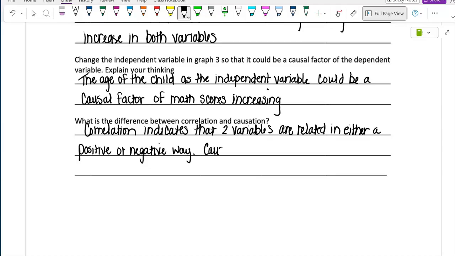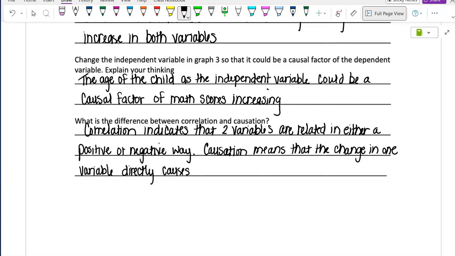Causation means that the change in one variable directly causes the change in the other variable.